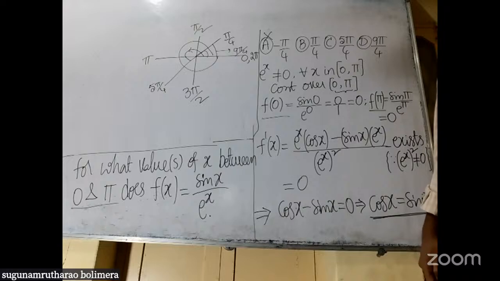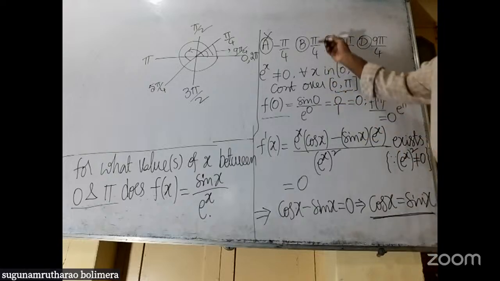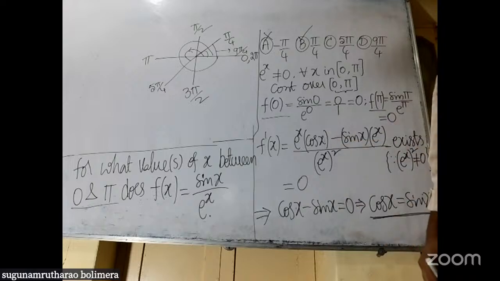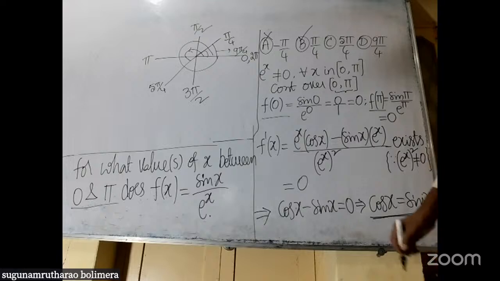So therefore, only for π/4, Rolle's theorem is satisfied by the function f of x equals sin x by e power x between 0 and 5.